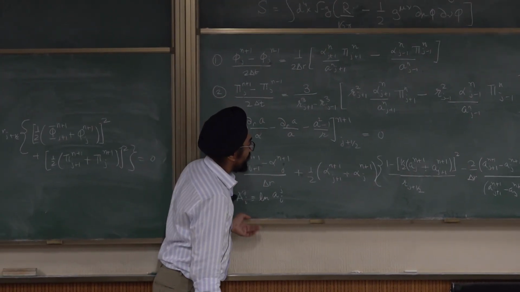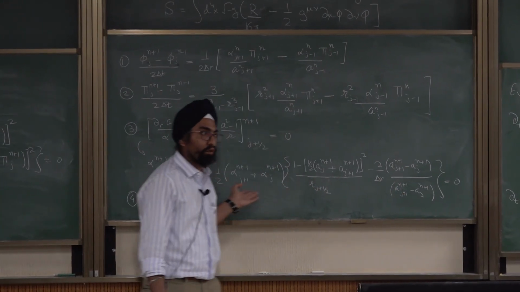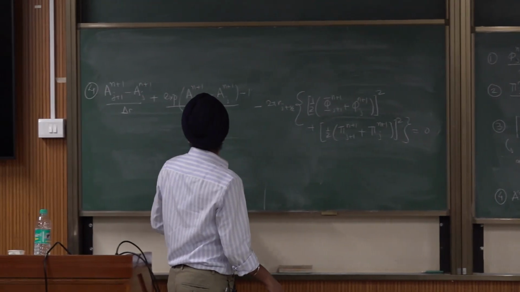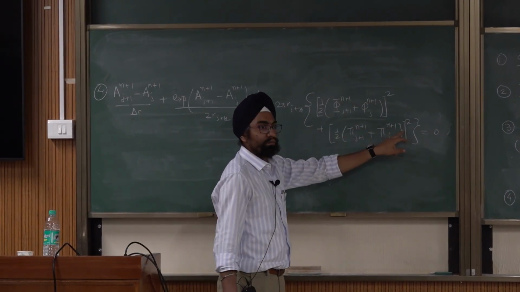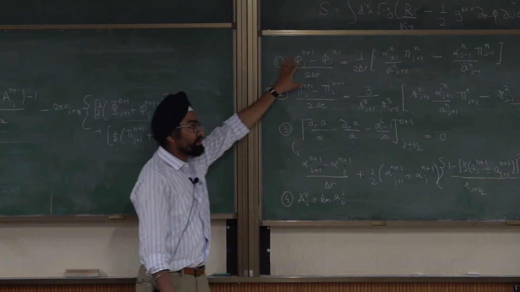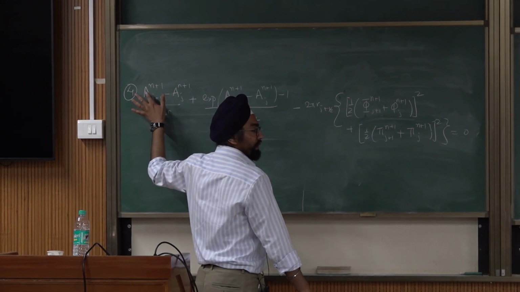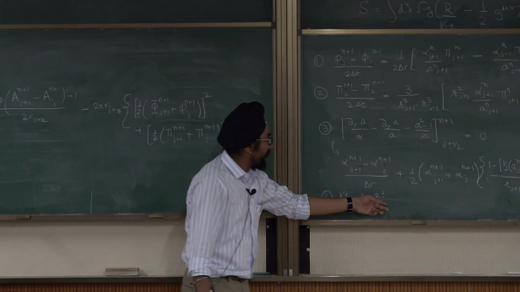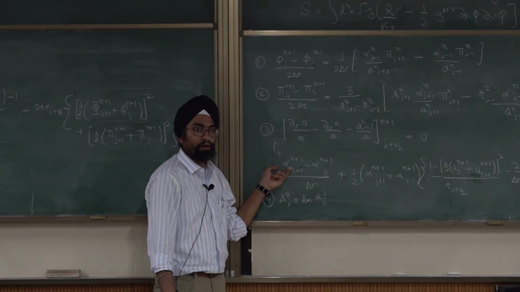Here there is no pi happening, this is just an algebraic equation. But in this one, capital A is given by phi n plus 1 at that time step. So once we have solved this, we put them here and get the updated value of capital A. Capital A is just log of small a, so that gives us small a. You take this small a, substitute it here, and get alpha.